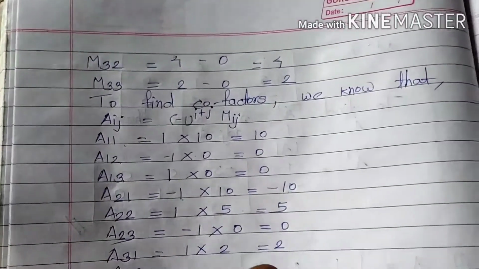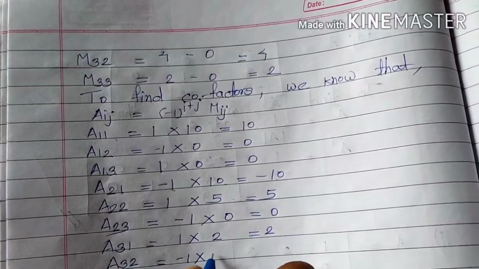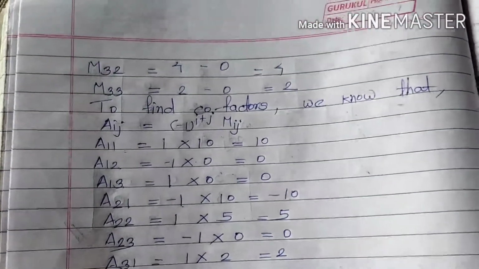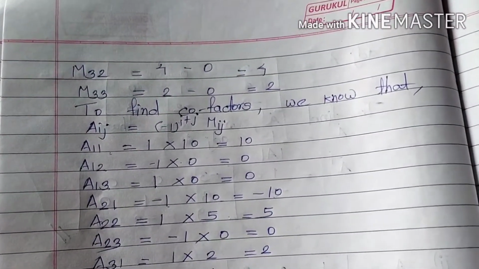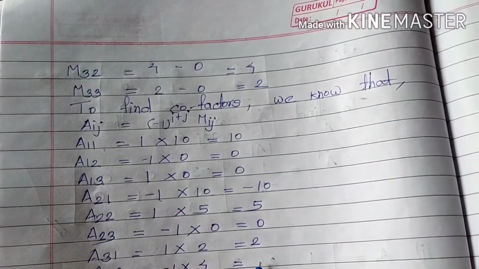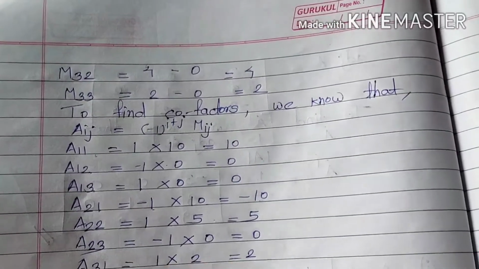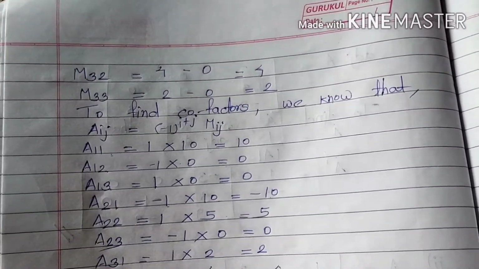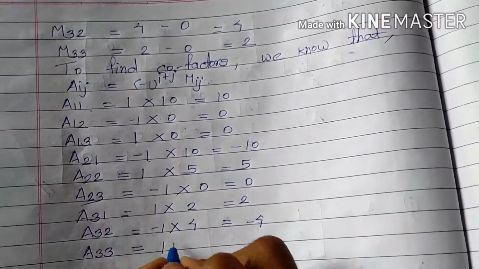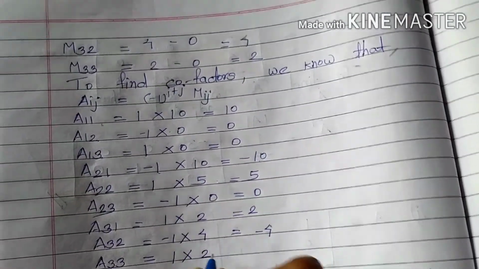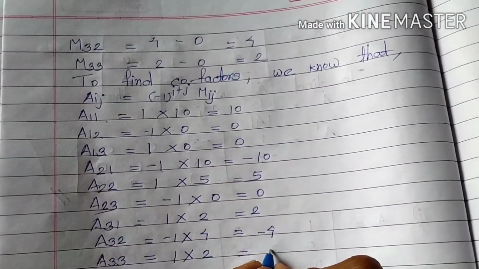A32, minus 1 into 4 is equal to minus 4, and A33, 1 into 2 is equal to 2.